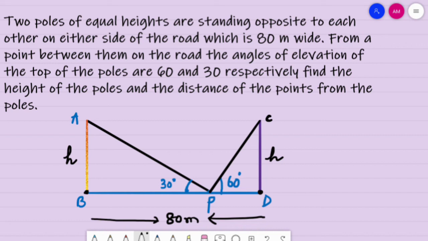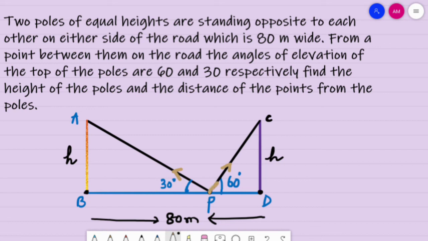Now from a point between them on the road, the angles of elevation of the tops of the poles are 60 and 30. See, one point is taken at random, and from this point the angle of elevation to one pole is 60 degrees and to the other pole is 30 degrees. Please try to understand this properly.